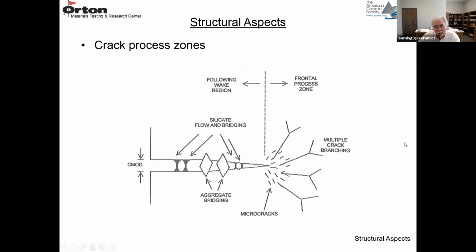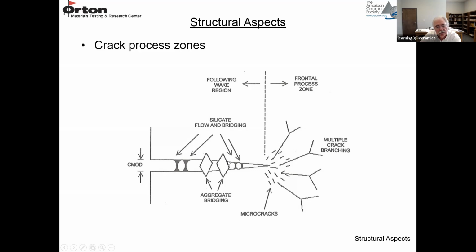There's a great deal of stress at the crack tip. That stress forms microcracks, or it causes existing microcracks to grow longer, and maybe you develop crack branching. But you're dissipating a lot of energy by forming all these crack surfaces in the frontal process zone.